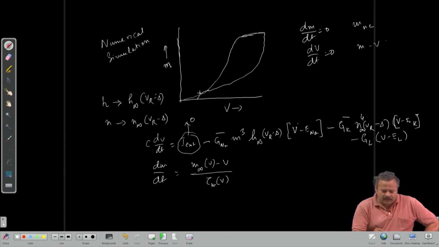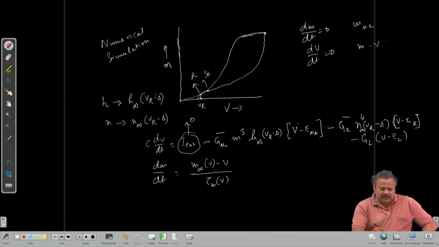nodes here. This one is the resting membrane potential, which is our Vr, around minus 60 millivolts. This is a saddle node, and this is again a stable node.